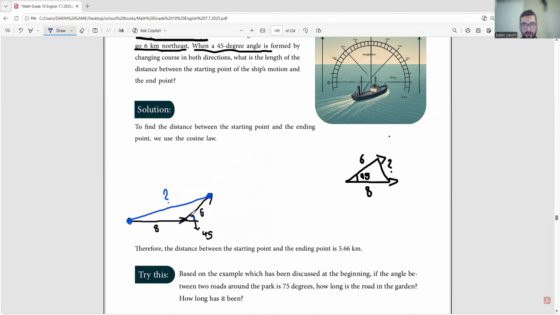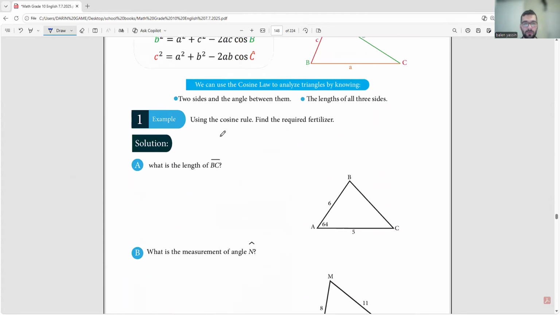Now, if this is 45, it's a supplementary angle with the other one. So basically, you subtract it from 180, which obviously gives you 135. So this angle inside is 135. Now we can relate this to the rule.